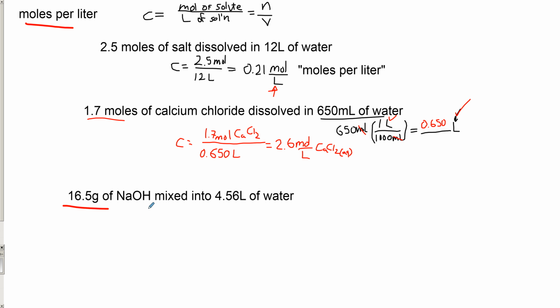So we have 16.5 grams. And I'm going to draw a little conversion bracket, and I know that my answer should be in moles. This is not the full question, remember, we're just getting grams into moles, then we'll divide the moles value by the liters value. So I'm going to take NaOH.